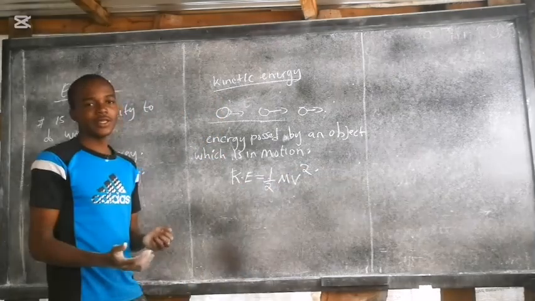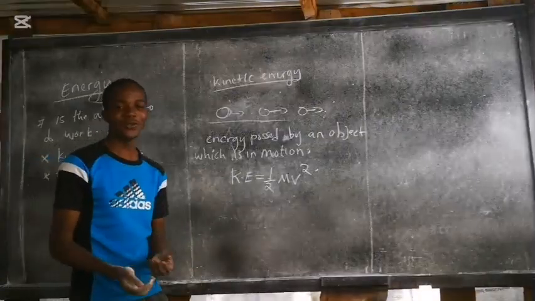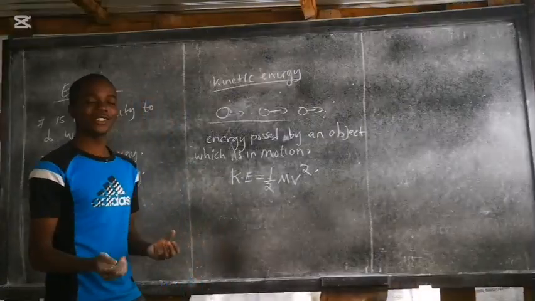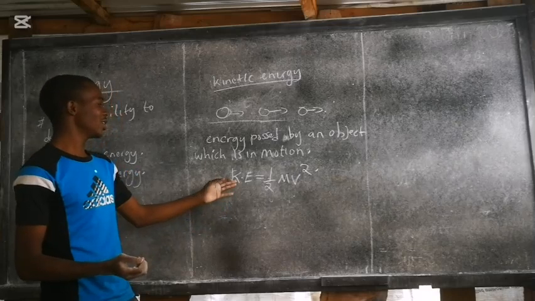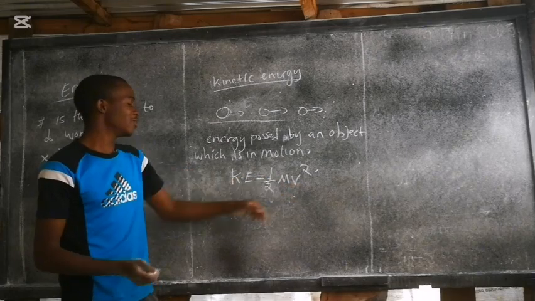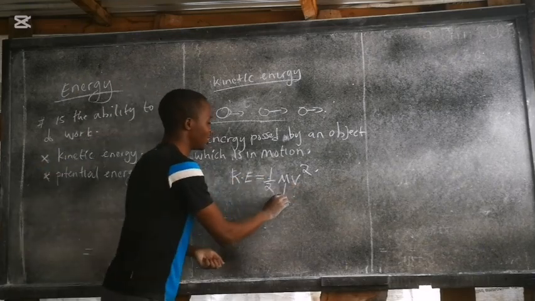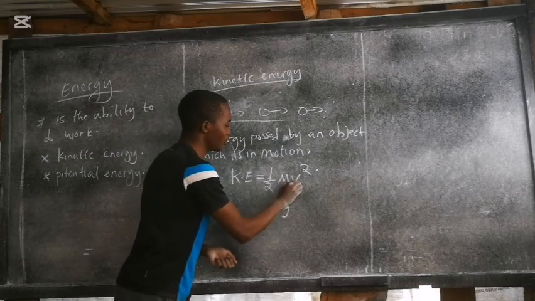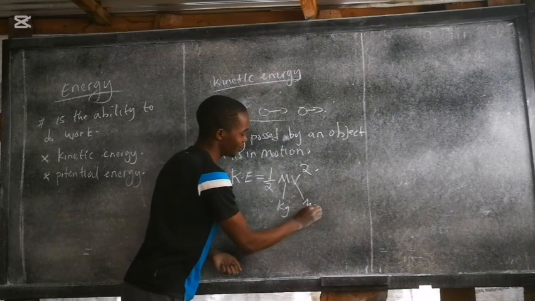That is the only thing you need to know on kinetic energy. I will not explain much, because here you just need to know half mv squared. M is mass, which should be in kg. Velocity should be in meters per second.